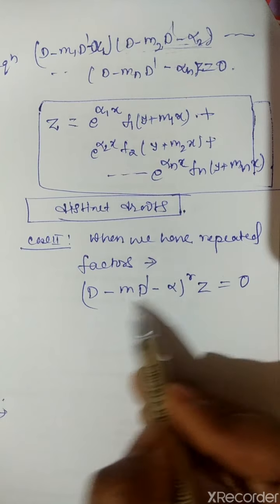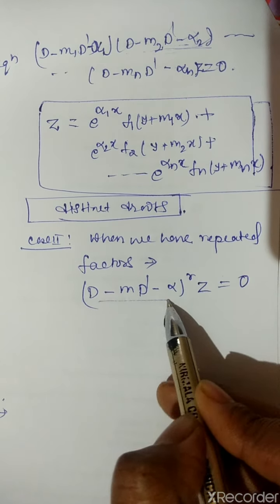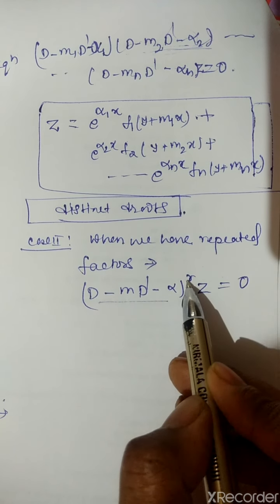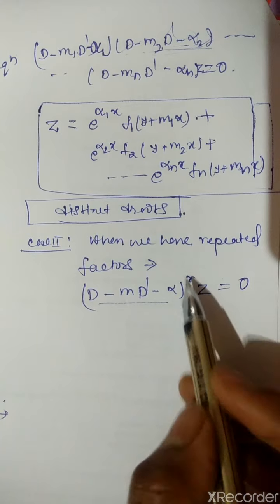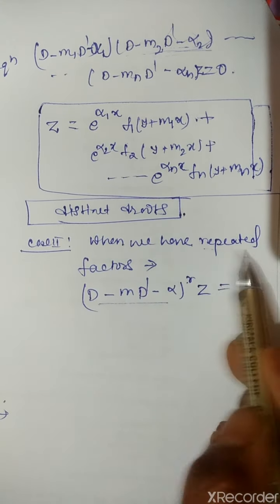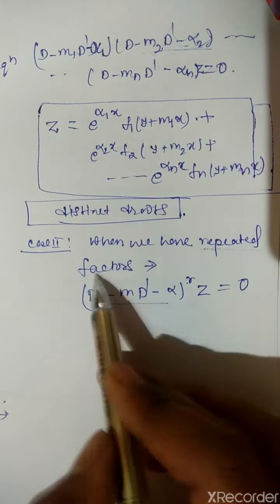In each and every time we are getting this factor r times. So this is the type of problem where we have repeated roots.